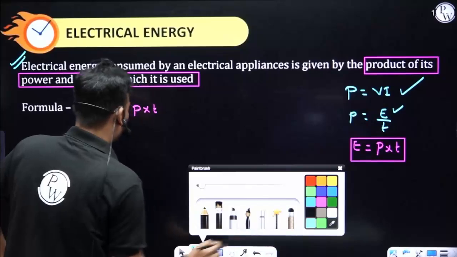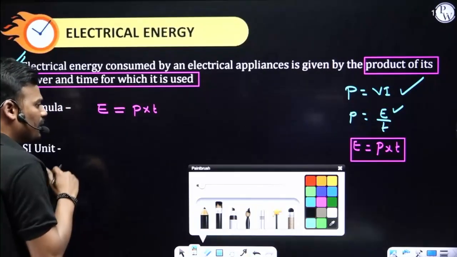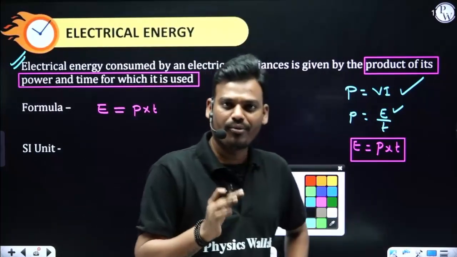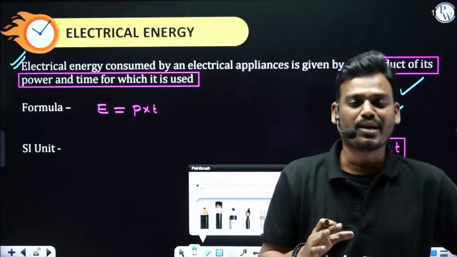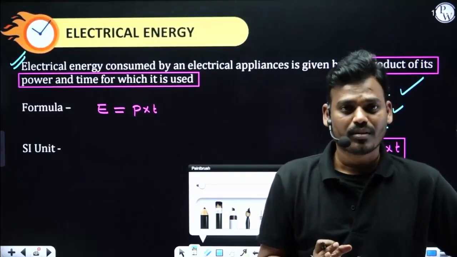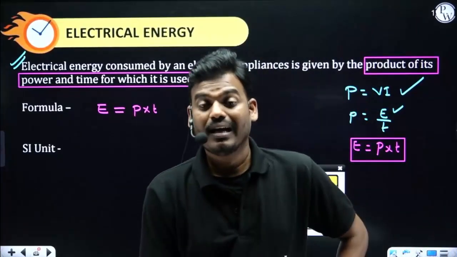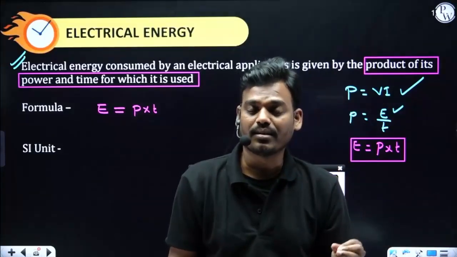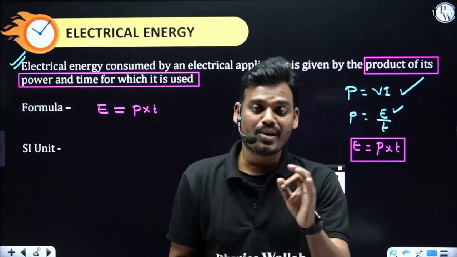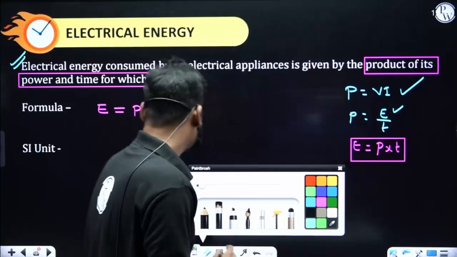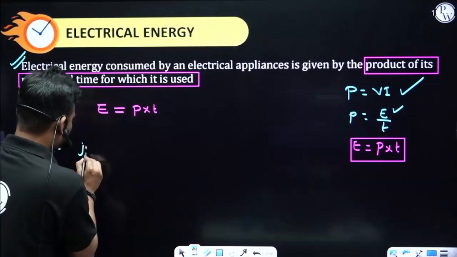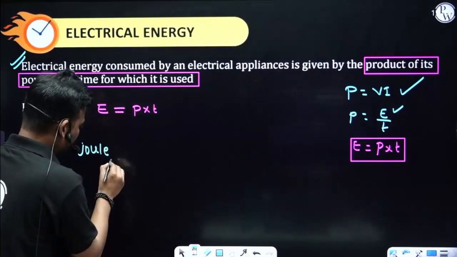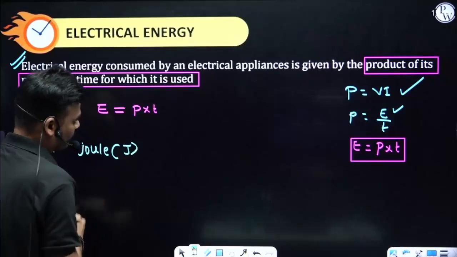Now, what is the SI unit? All forms of energy will have the same SI unit, that is the joule. Any form of energy you consider, electrical energy, chemical energy, kinetic energy, potential energy, the SI unit will remain the same. So it is given by joule and represented by capital letter J.